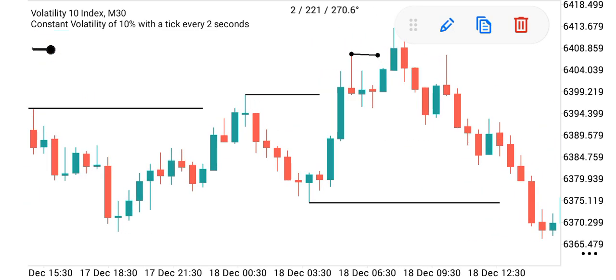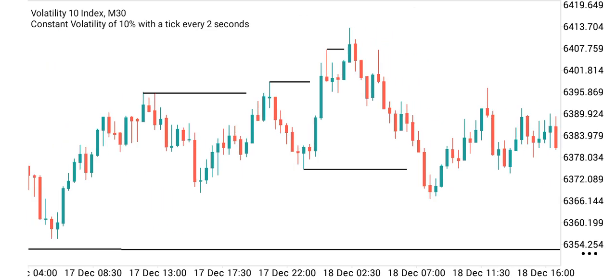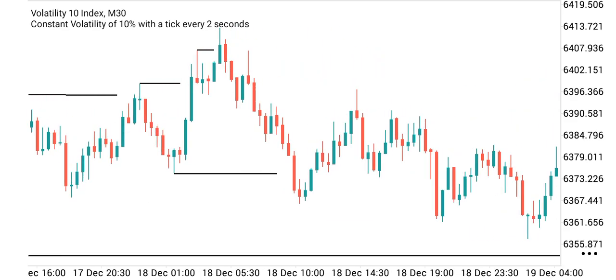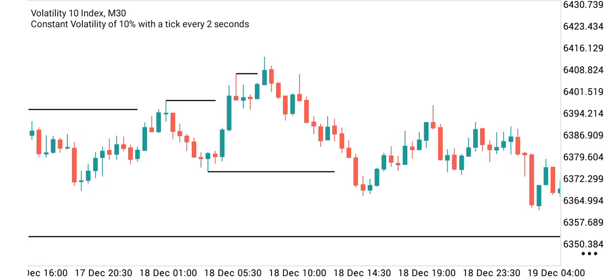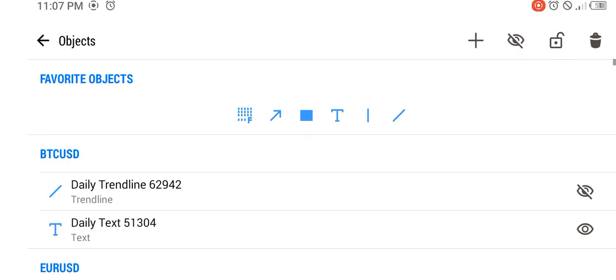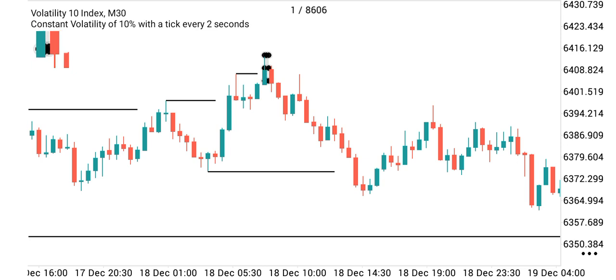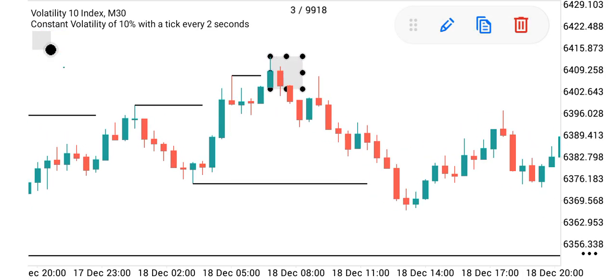This zone I call a sweep of liquidity, but it's still a break of structure upward. We call it a sweep of liquidity for a reason, because it makes our order block protected. Now I want to show you something. If I mark this zone as my order block, it was mitigated by a wick.